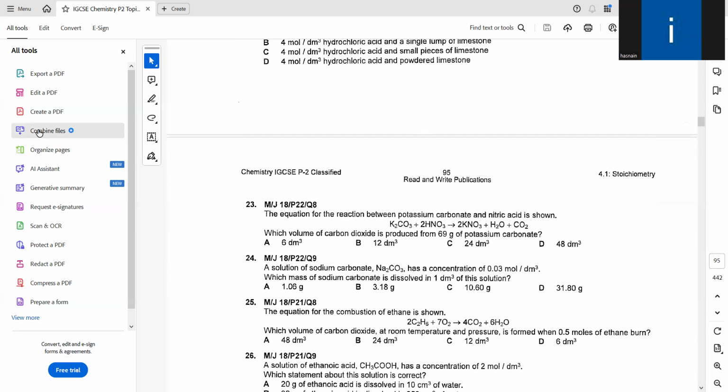Let's try question number 23. Potassium carbonate is K2CO3, where K is 39, C is 12, and O is 16, and CO2 is 44.